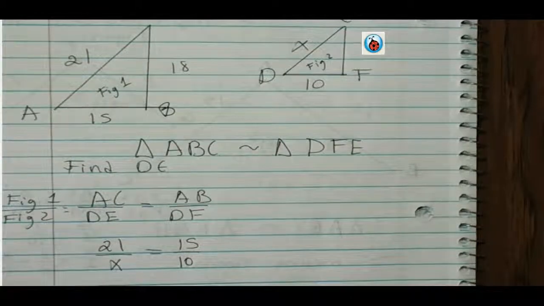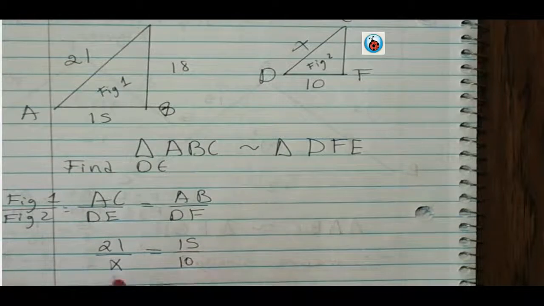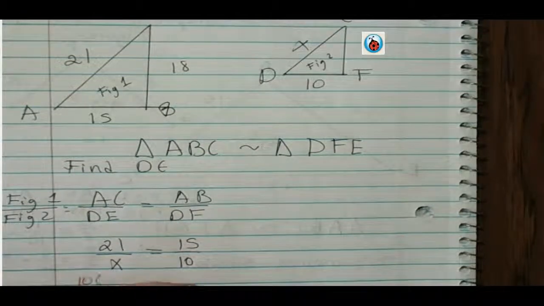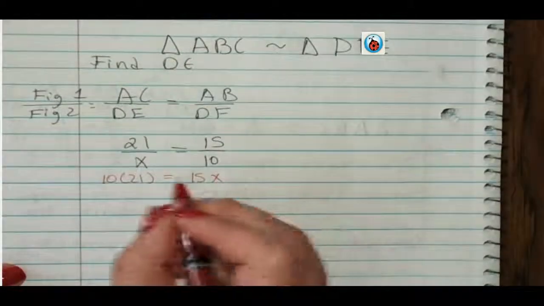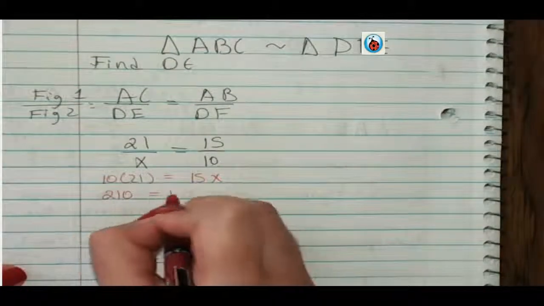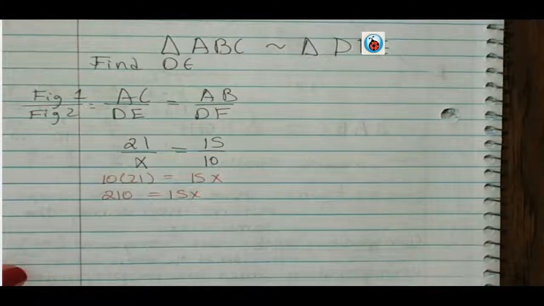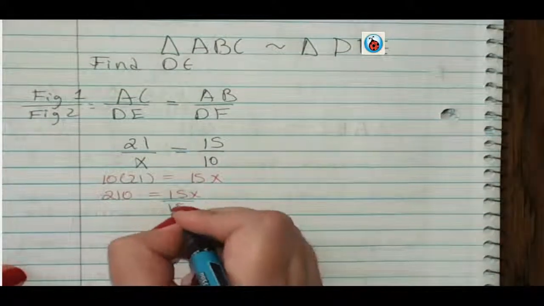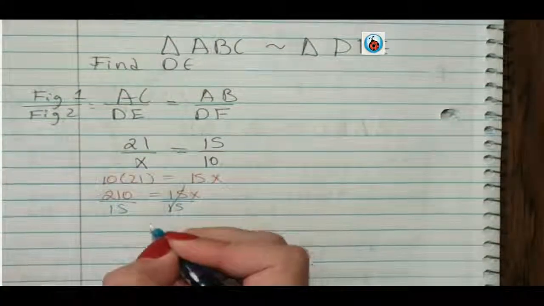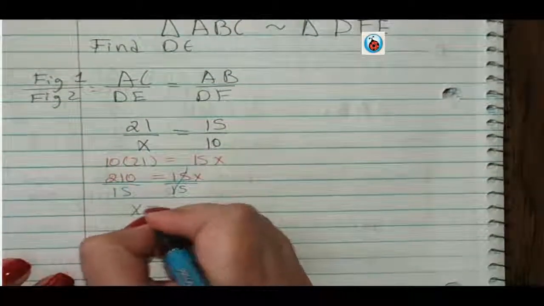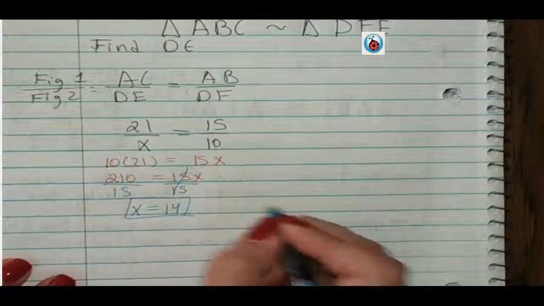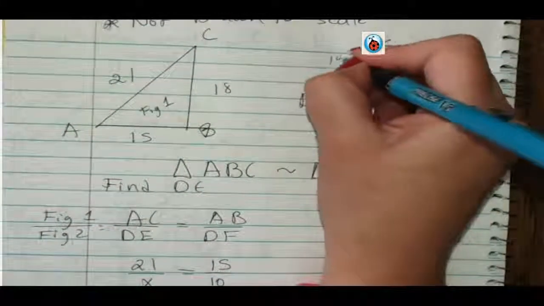Can I solve my proportion to find my missing side? So 10 times 21 is equal to 15x. 210 is equal to 15x. We can divide both sides by 15. And what do we get? X is equal to 14. That means that this missing side is 14.